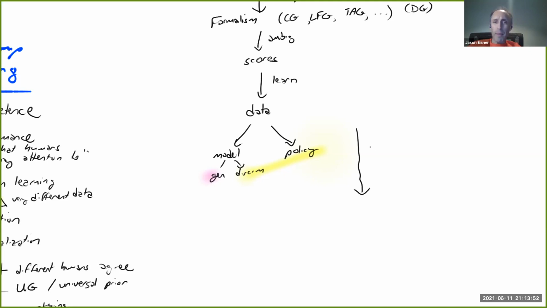We wanted better scoring functions. And so that let us use larger model classes that didn't support full dynamic programming. So we couldn't do exact inference, or we could do exact inference, but only on some problems.